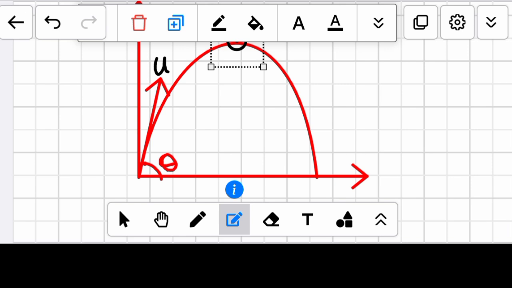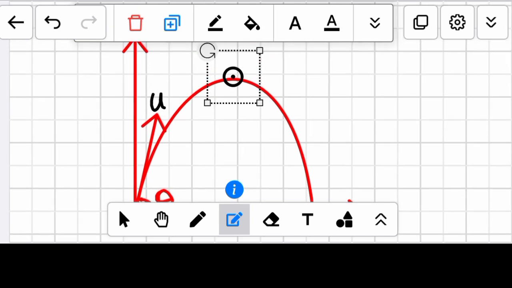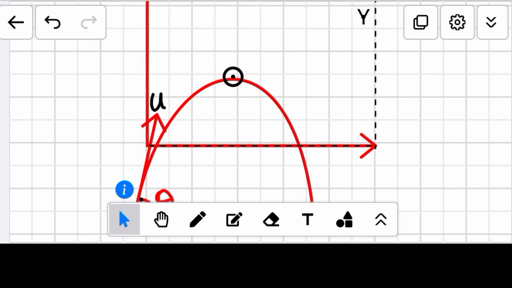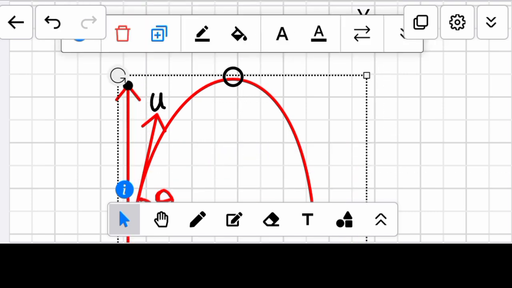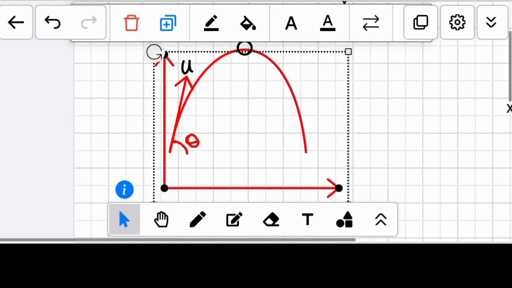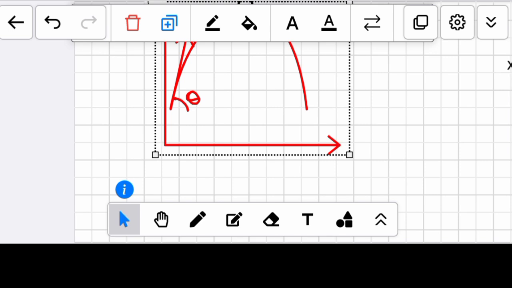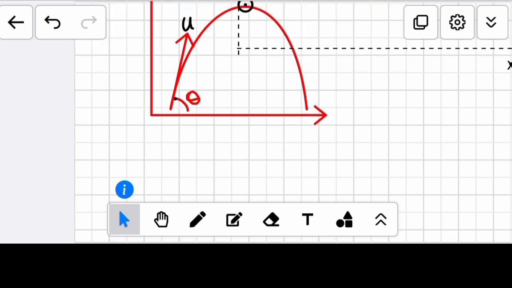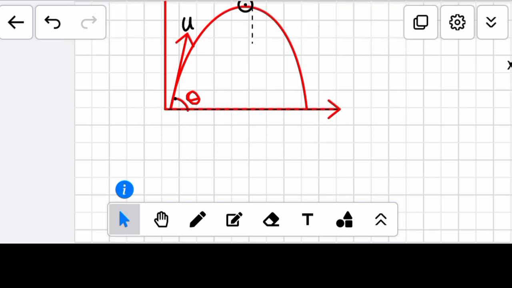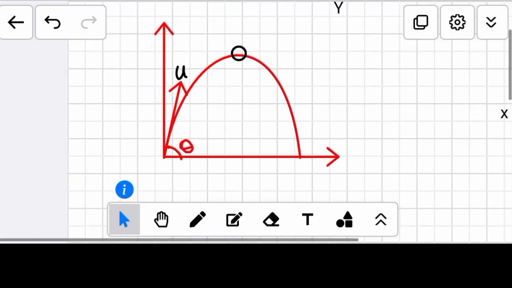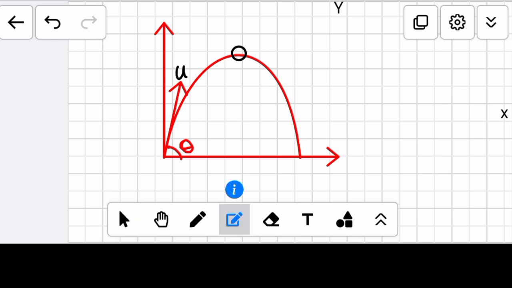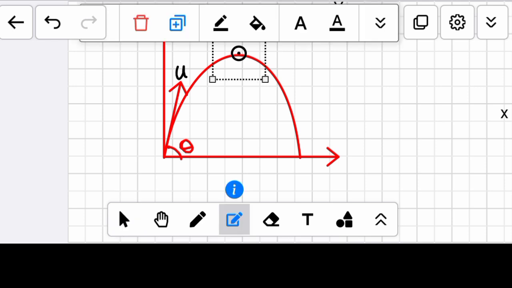But when it gets to this particular point, we call that point the maximum height, because that is the highest height reached by the projectile.